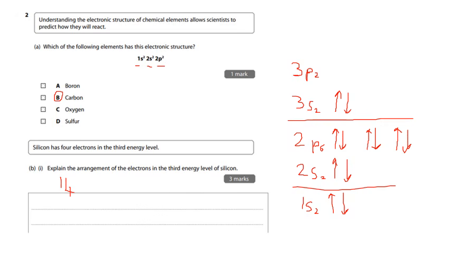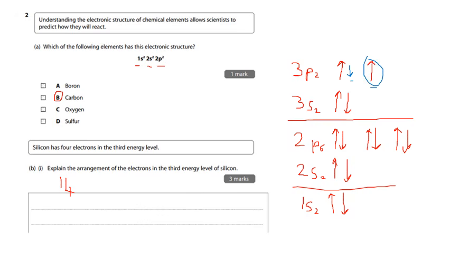And as I just said, it goes that one in the x, and then that one in the y. And this one here fills up before that one. Why? Because I said it's in order of energy. This electron is in a lower energy state than that one would be.